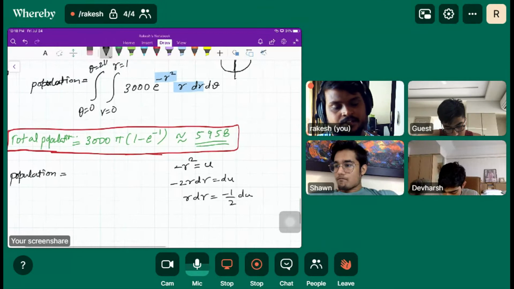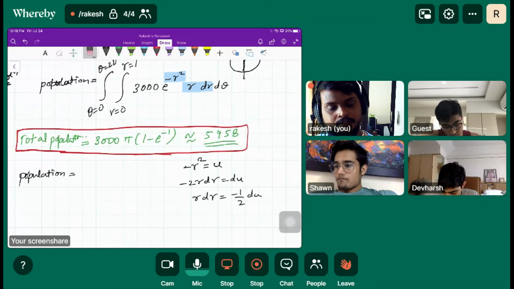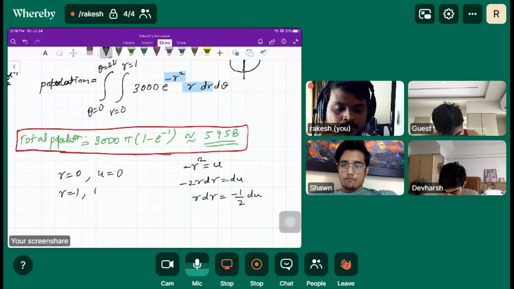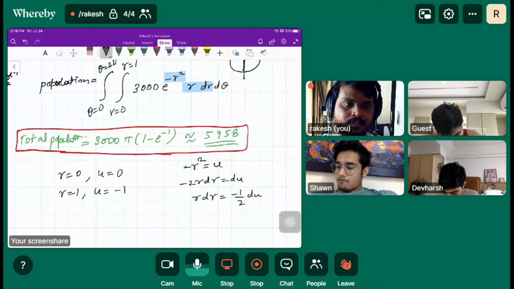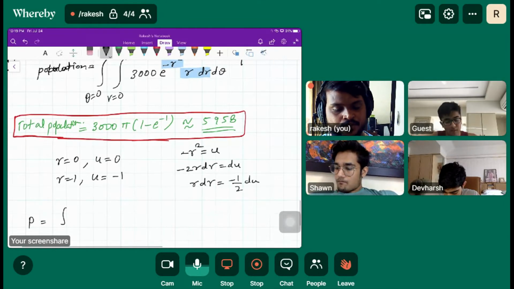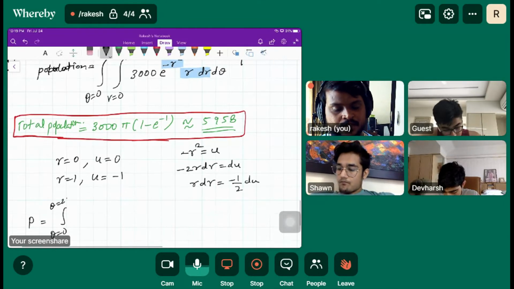And then we have to change the limit also. If r is equal to 0, u is equal to 0. If r is equal to 1, u is equal to minus 1, right? So our total population will be theta is equal to 0 to theta is equal to 2 pi.